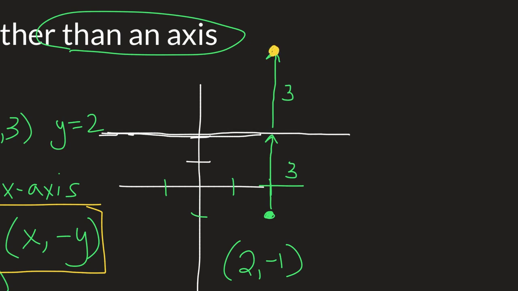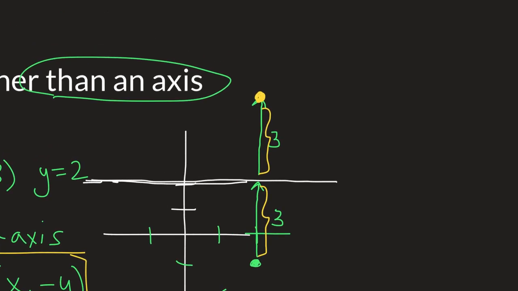Okay, so that's what it means about congruence. The distance that it is away from your line has to be the same as when you reflect it. So in this case, our point would jump up to 3 units above positive 2, which is at 3, 4, 5. So this would be at the point (2, 5).